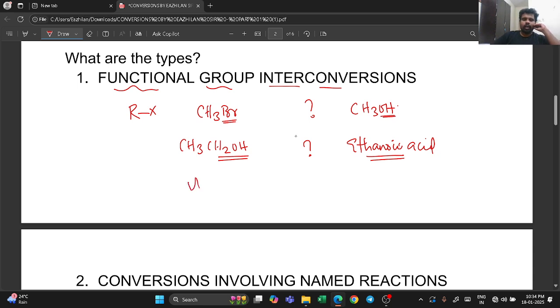Or you may be given an alkene and asked to prepare an alcohol, or alkene to alkyl halide, it goes on. So the first basic type is functional group interconversion. This will be quite simple. Directly you will be adding some reagent and that reagent will give you a suitable product, with the desired functional group.